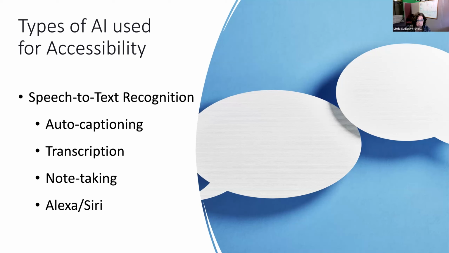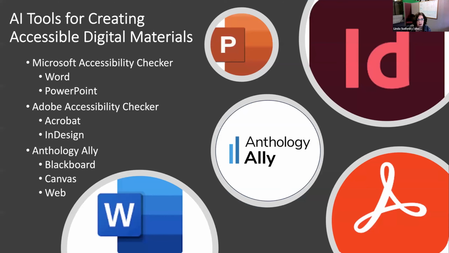Additionally, Alexa and Siri have been very helpful to many people with disabilities for utilizing their phones, or basic functions that we can connect to Alexa, and things that we can have Siri do, like generate a text for us and communicate if we cannot see the screen. So these are some general examples of AI used for accessibility.